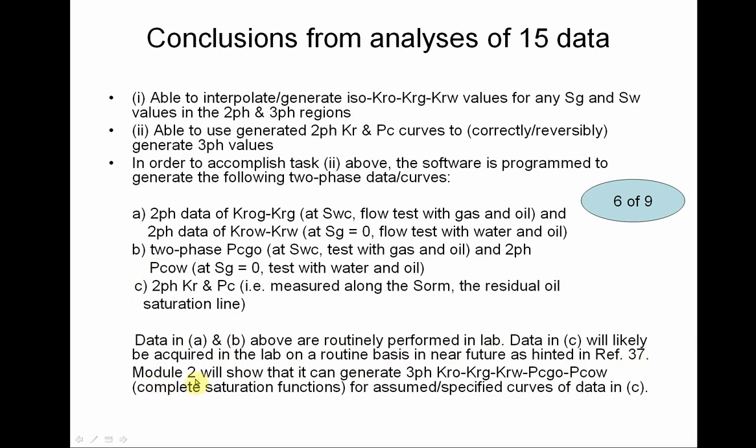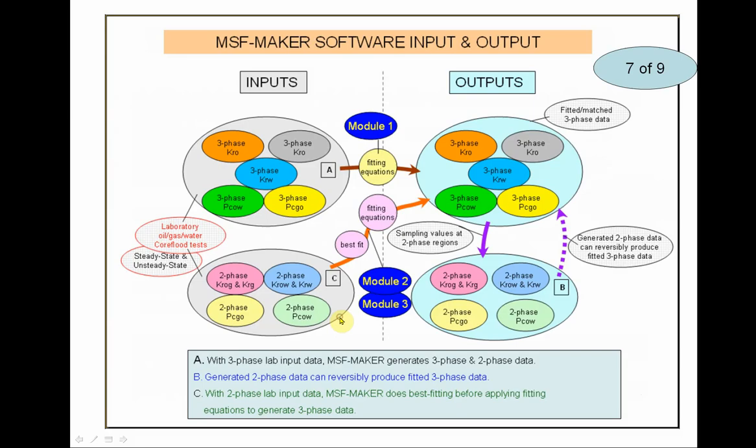Module 2, when we run the software, will show that it can generate complete three-phase KRPC data for an assumed or specified curve of data in C. Let's look at the input and output of the software in graphic form.